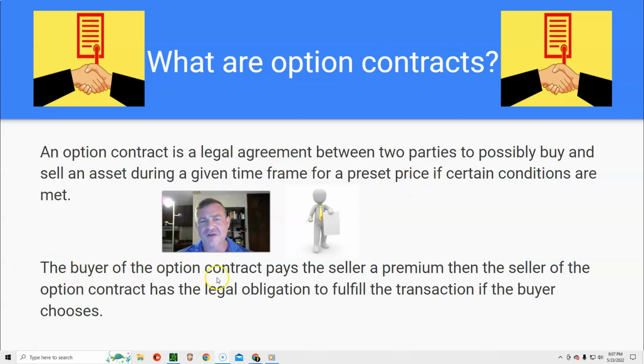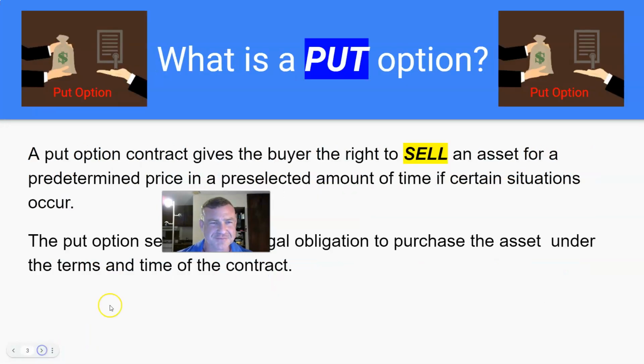The buyer of the option contract pays the seller a premium. Then the seller of the option contract has the legal obligation to fulfill the transaction if the buyer chooses or some other predetermined circumstances are met. Is that really confusing? Let's see if we can figure some things out or if we're going to keep it confusing.